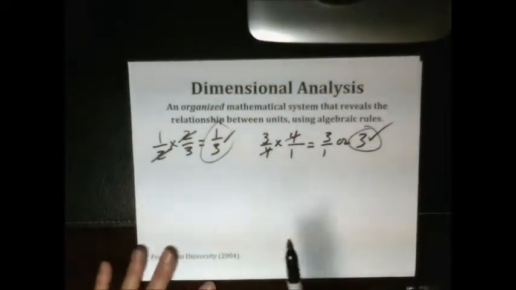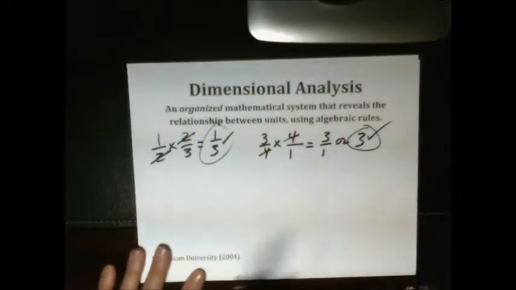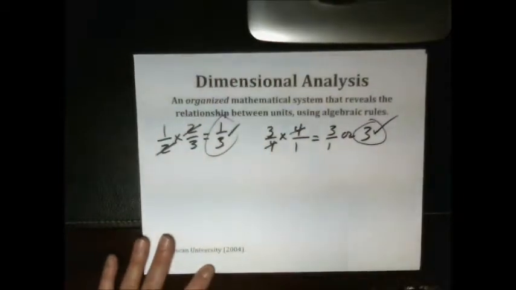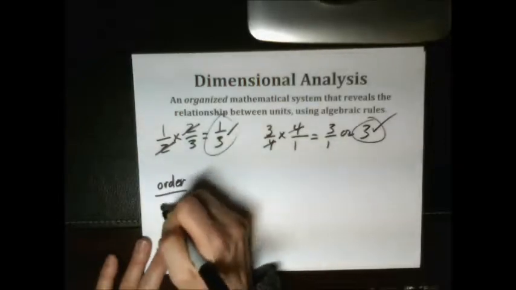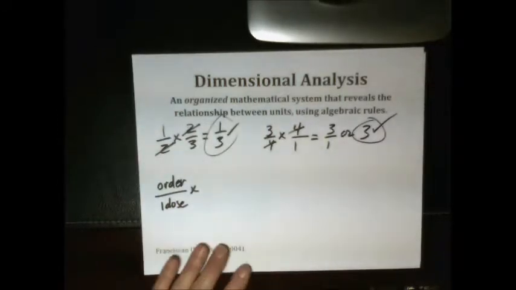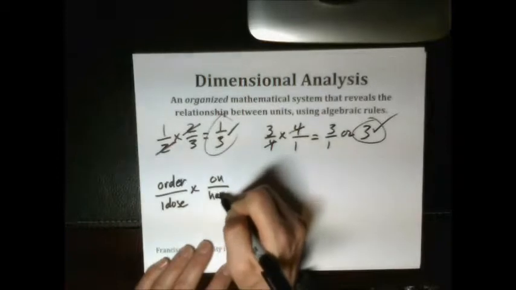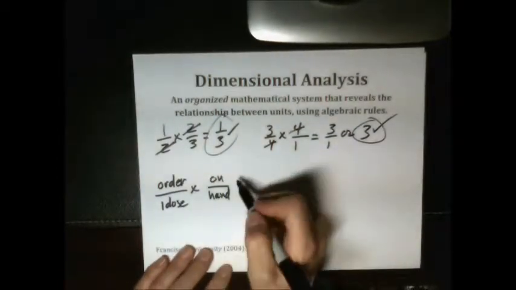Now, in order to have an organized mathematical system, we have to do it the same way every time. And the way to set up your dimensional analysis for drug dose calculation is to put the order on the left, and that's over 1 dose, no matter what the units are. In the next fraction, we're going to put what is on hand, whatever milligrams, milliliters, whatever units they are.